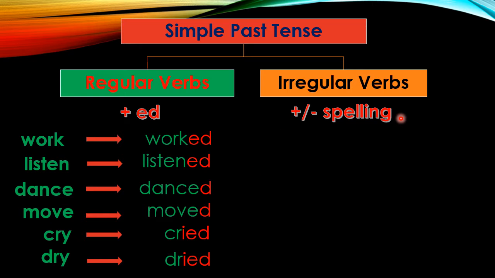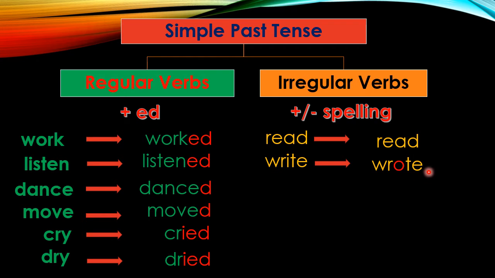For irregular verbs, we either change the spelling or there is no changes to the spelling. For example, the word read. For past tense of read, it becomes read. We change the way we pronounce the word, but there is no changes to its spelling. Next, we have write.